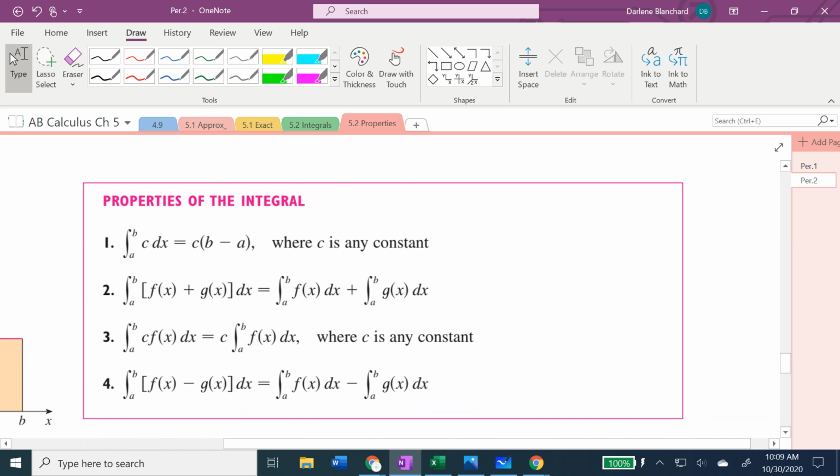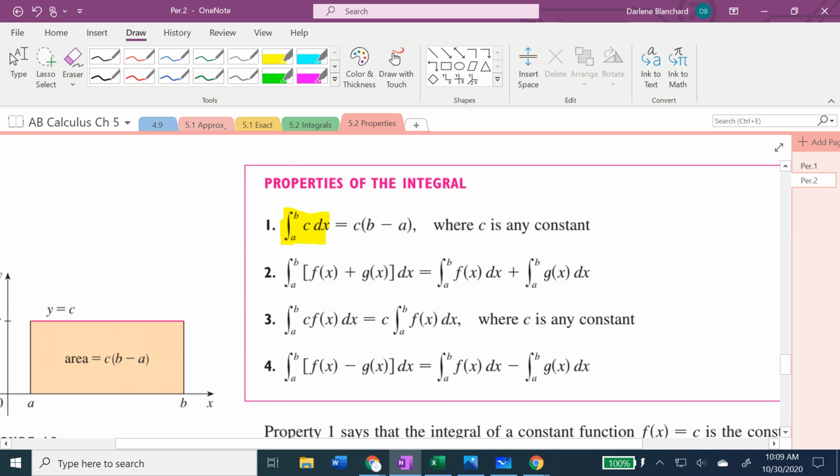Now, these properties are pretty similar to some of the summation properties we looked at yesterday. For number 1, it makes a lot of sense if you look at the picture.